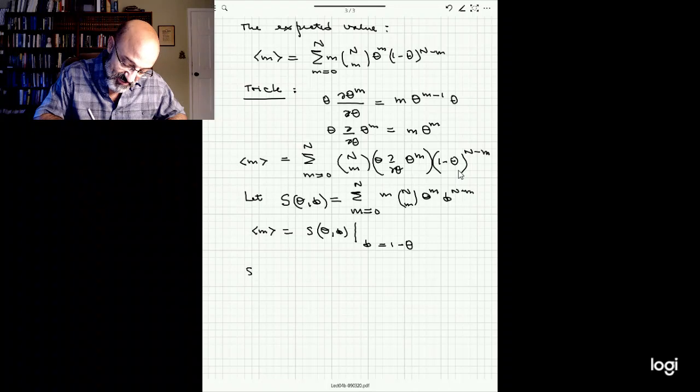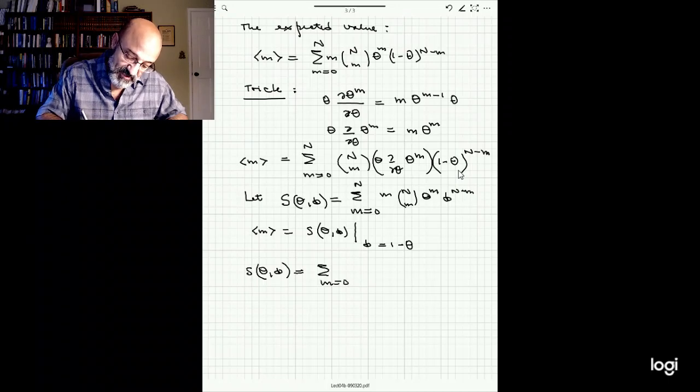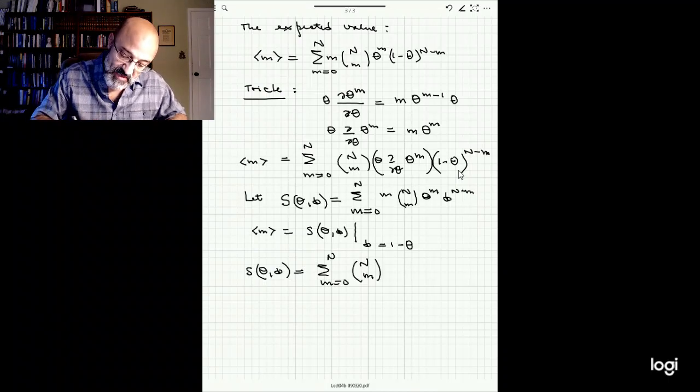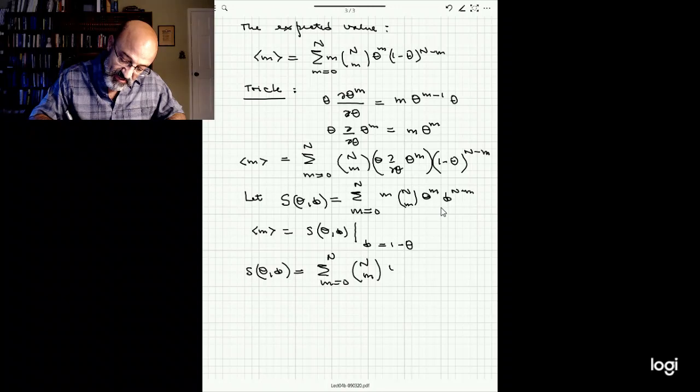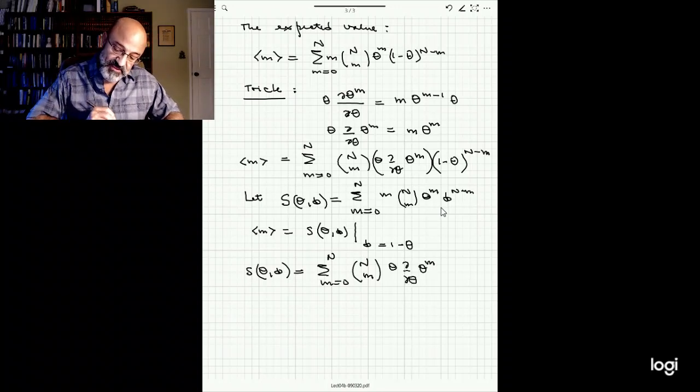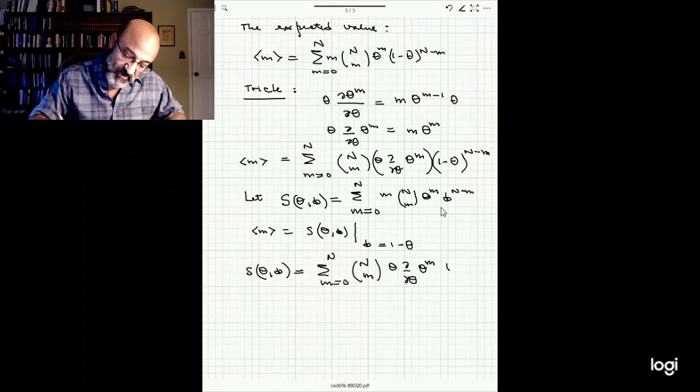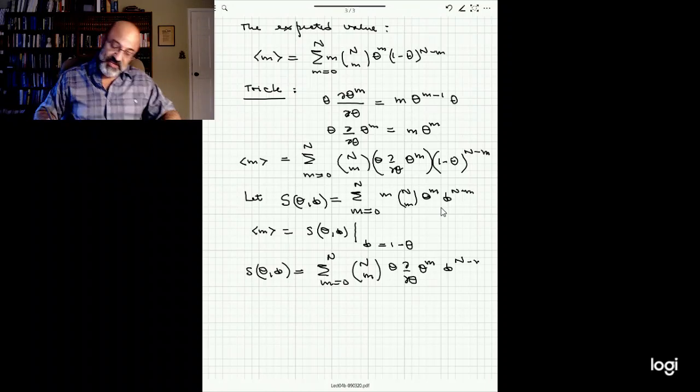So we're going to write S as the following: the sum from m equals 0 to n, then we have the coefficient, then we have m times theta^m, that's theta d/dtheta acting on theta^m, and then we have phi^(n minus m).